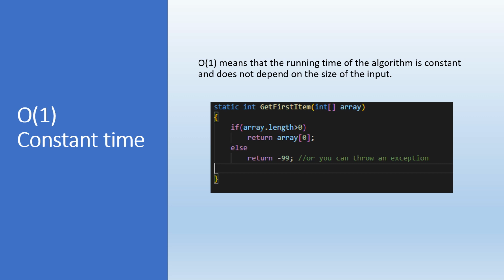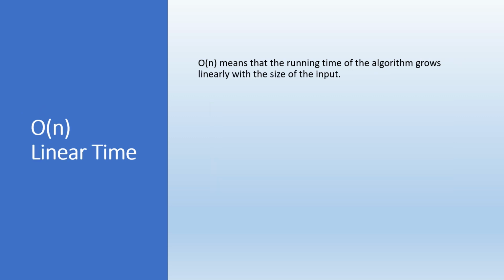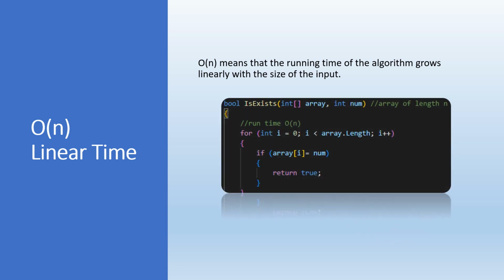Now let's look at linear time. What is linear time? Linear means as your input grows, the number of operations also grows with the number of elements in the input. That means it is linear to the input size. Let's take an example to better understand this.